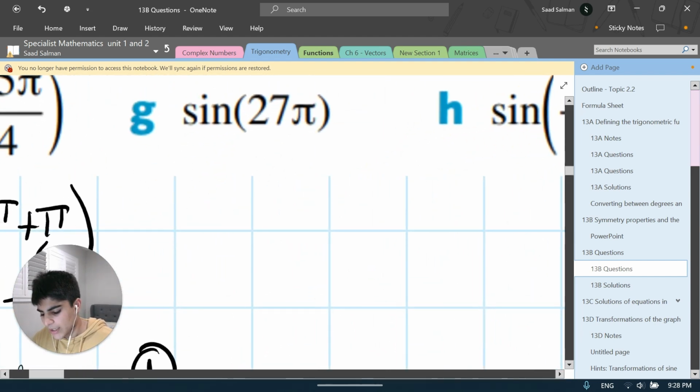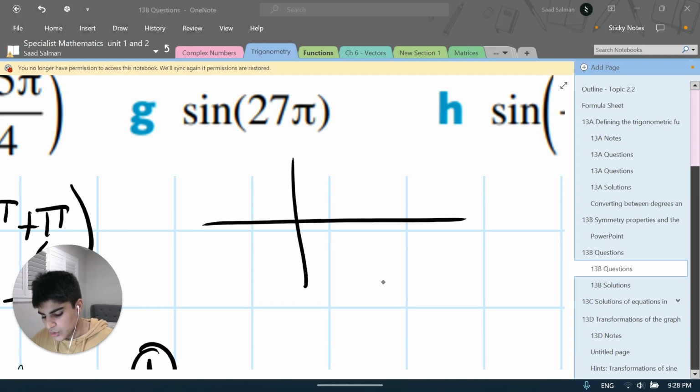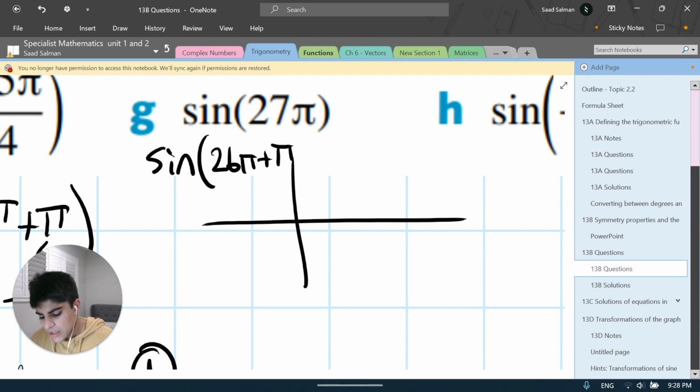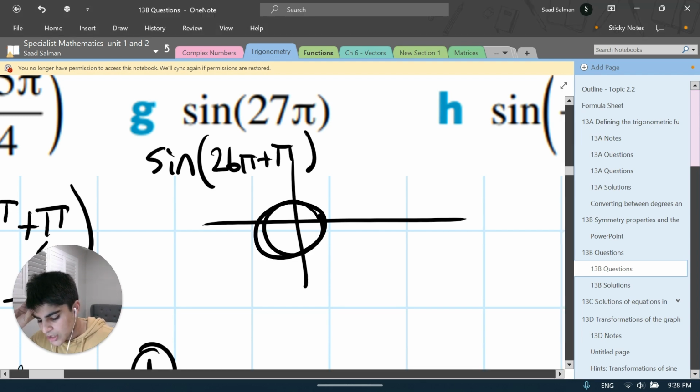Sine 27 pi. Sine 27 pi is equivalent to sine 26 pi plus pi. So this means sine 26 pi plus pi is equivalent to 13 full revolutions plus pi.